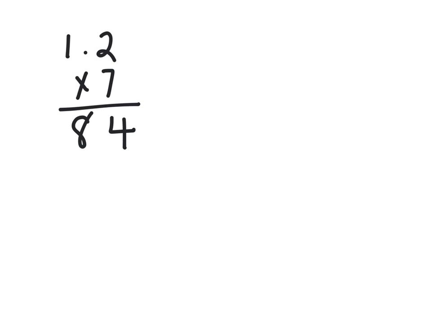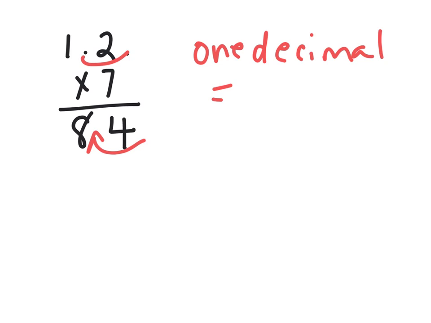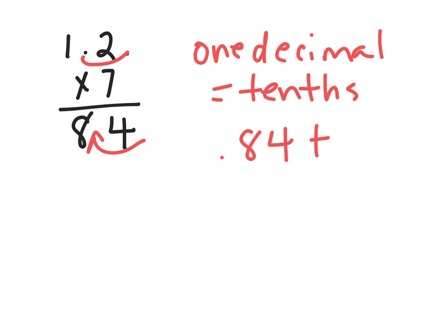Okay, in this problem, we have 1.2 times 7. I can multiply my 7 times 2 is 14, carry the 1, 1 times 7 is 8. I have 1 decimal place, and so 1 decimal place is going to equal tenths, and so my answer is 84 tenths. Okay.